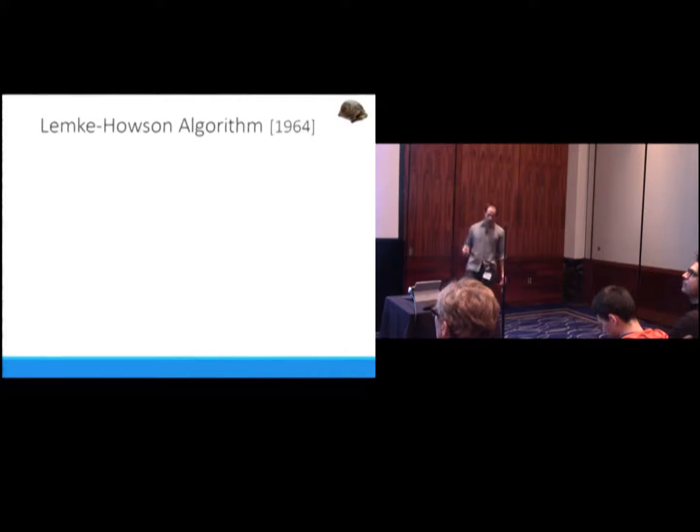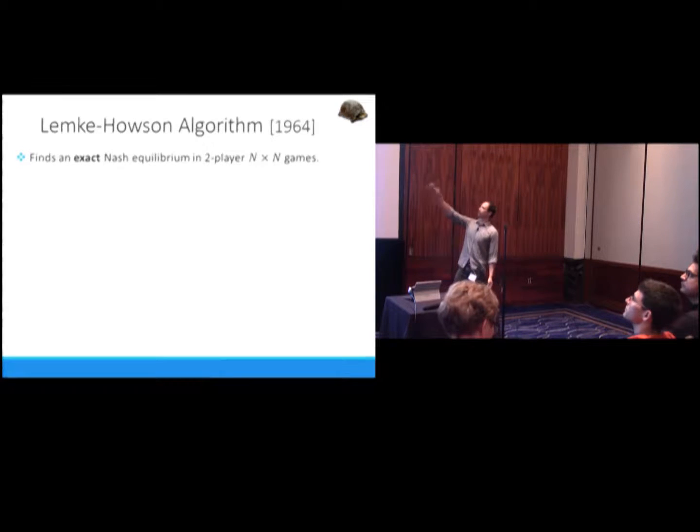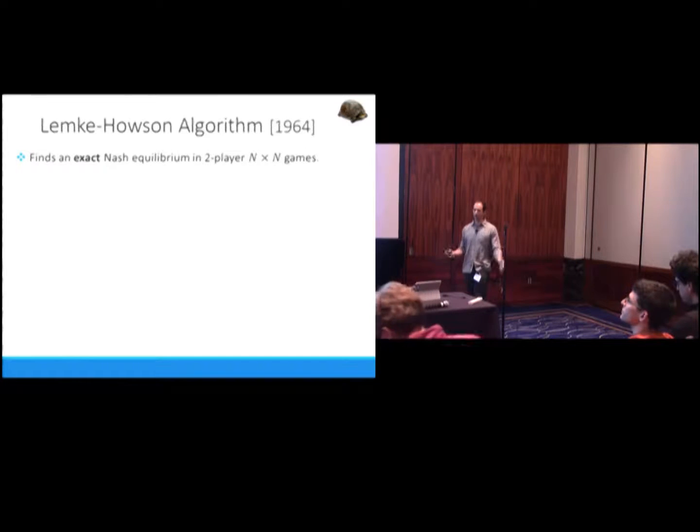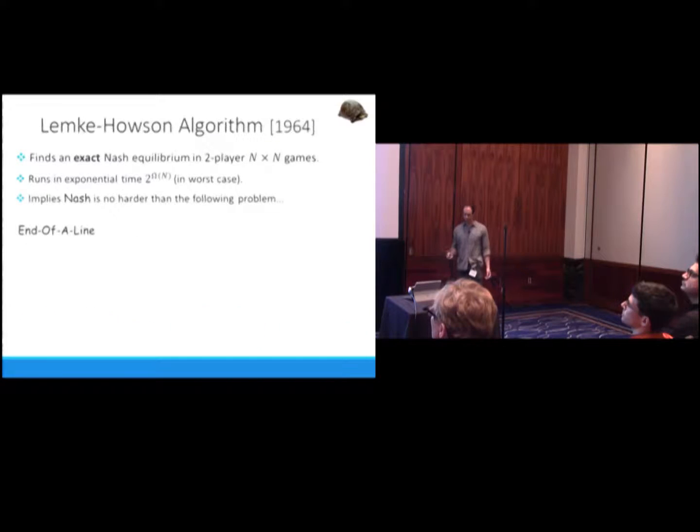Okay. So first, the algorithm is the Lemke-Howson algorithm. It finds an exact Nash equilibrium in two-player games. N by n means each player has an n by n matrix with their utilities. It runs in exponential time. But it implies that Nash is no harder than the following problem, which is called End of a Line.